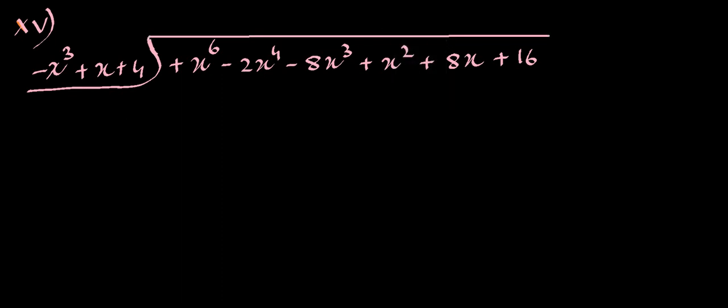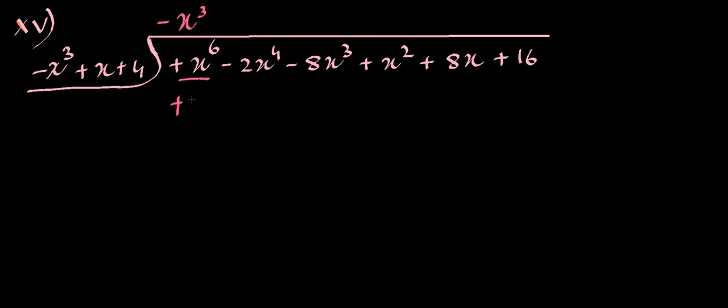Now, moving ahead, my target remains the same, x raised to 6. What multiplied by minus x cube? Here there is a negative number, but over here there is a positive. So what should my quotient be? My quotient will also be negative, because negative will give me a positive answer. So my first quotient is minus x raised to 3.